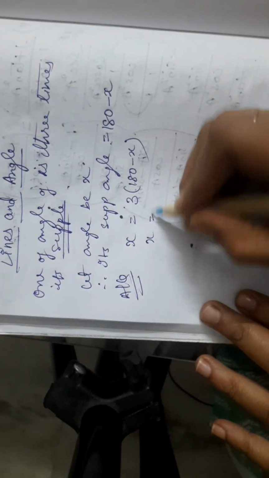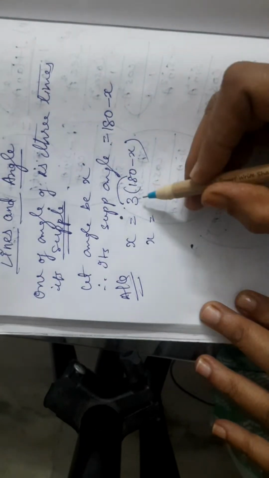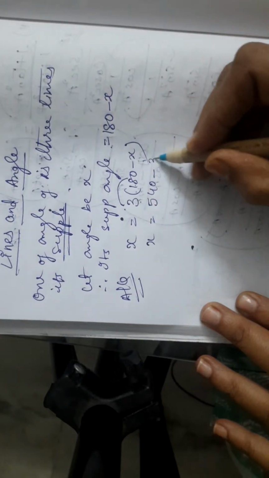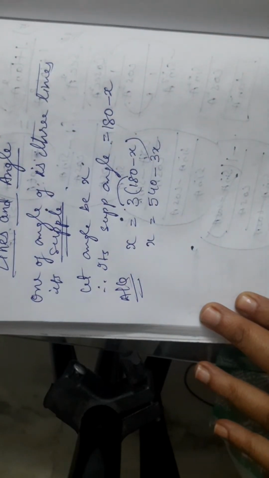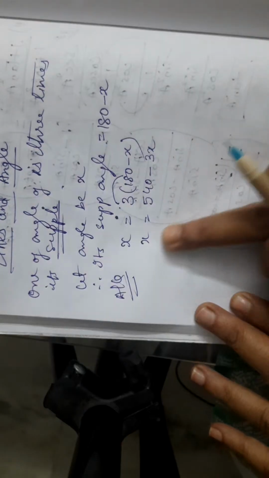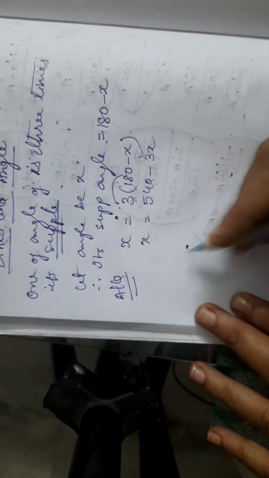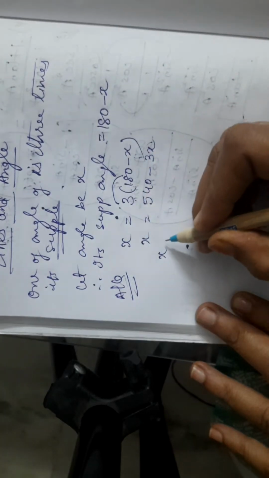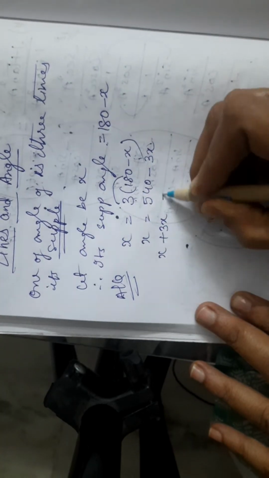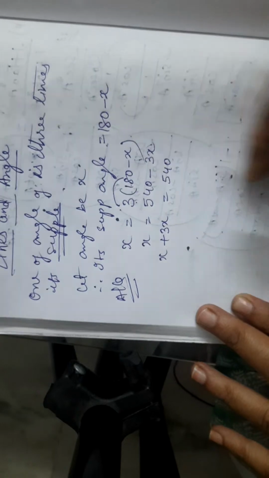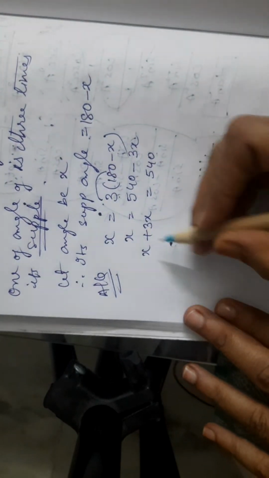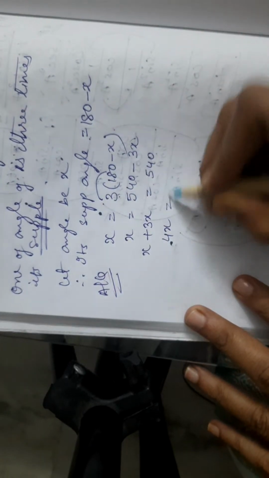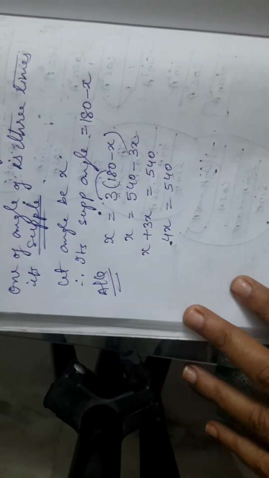Then we'll have multiplication. 3 times 180 is 540. Then 3 multiplied by x is 3x. Now shift this 3x towards the left like in a linear equation. Shifting minus 3x towards the left, it will be plus 3x is equal to 540. 3 plus 1, 4x. 4x is 540.